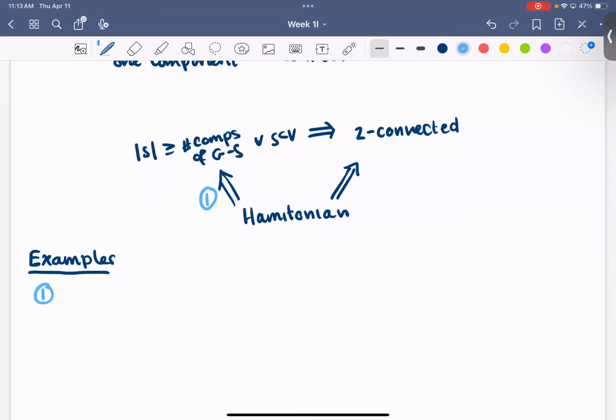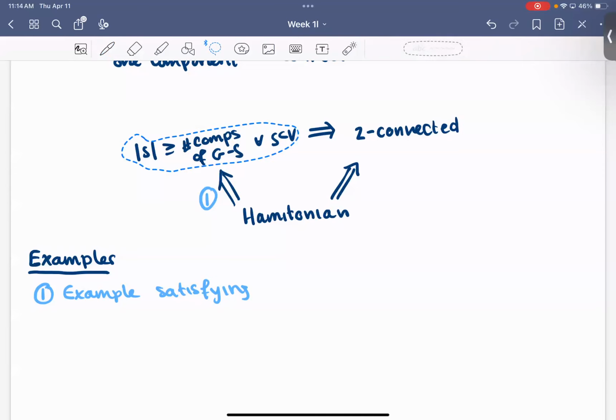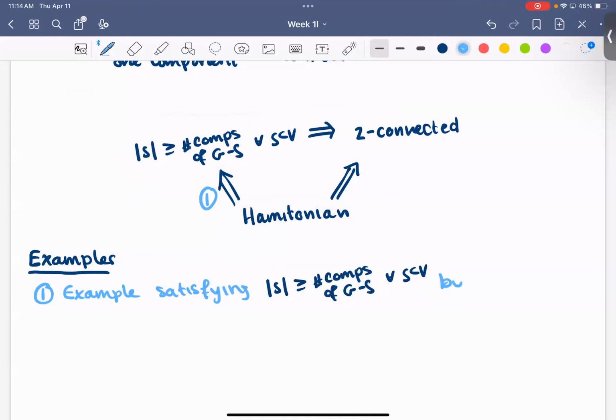The first example is going to be why arrow 1 is not an if and only if. So this is going to be an example satisfying this proposition, but not Hamiltonian.